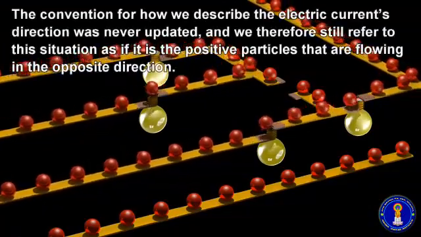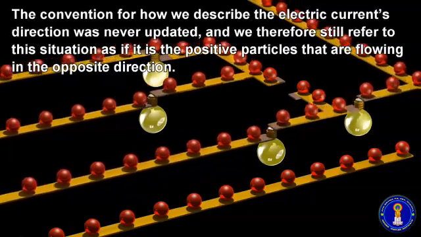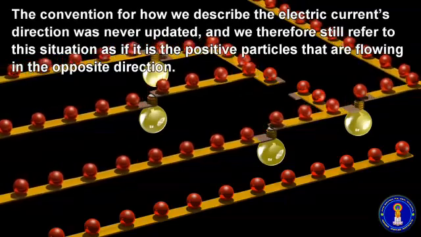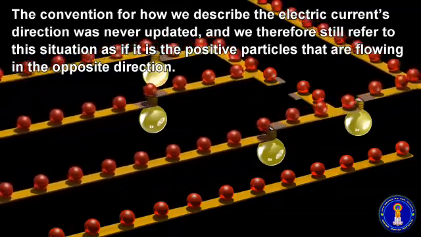The convention for how we describe the electric current's direction was never updated, and we therefore still refer to this situation as if it is the positive particles that are flowing in the opposite direction.